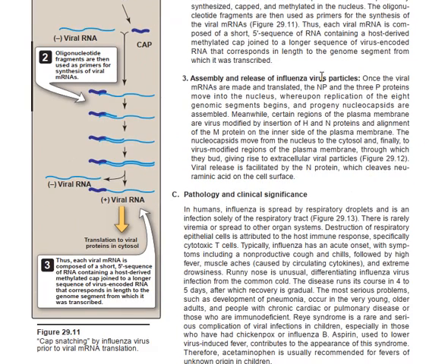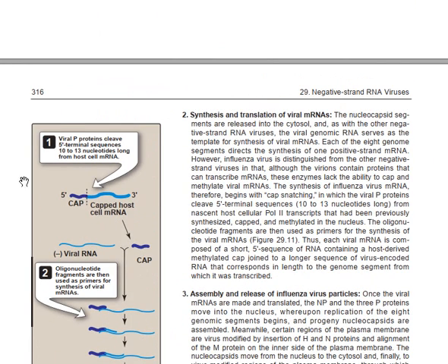Now this diagram shows cap snatching of the influenza virus. The viral P protein cleaves the 5' terminal sequence, 10 to 13 amino acids long, of the host cell mRNA.